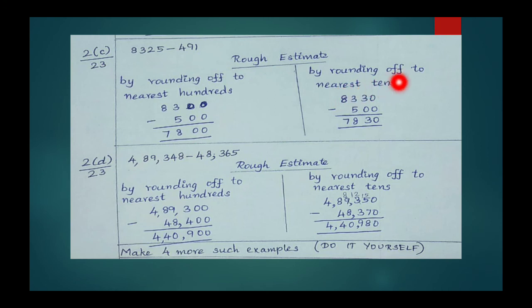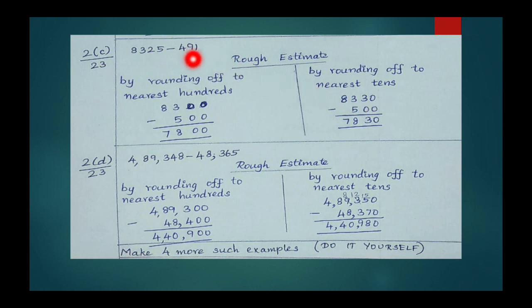By rounding off to nearest tens, no need to worry about thousands place or hundreds place. Just consider the tens place and ones place in both the numbers. 25 is the mid value of 20 and 30, so it has been rounded up to 30.